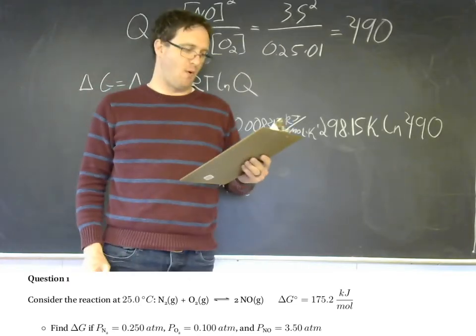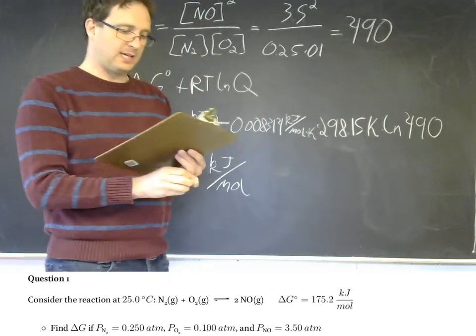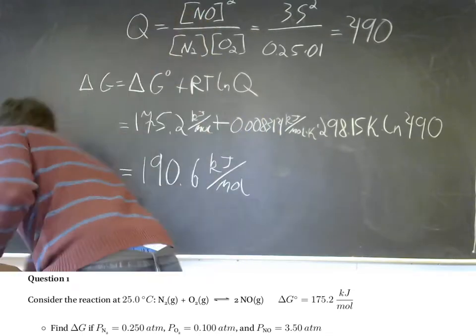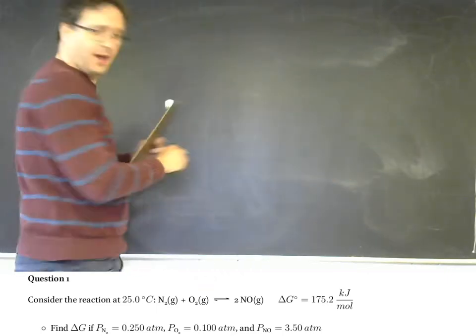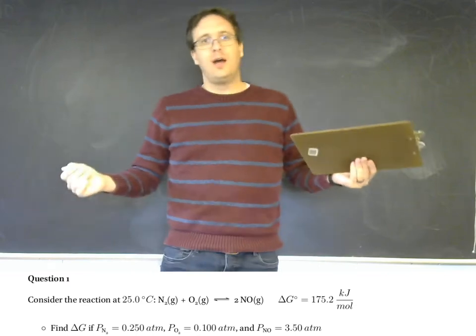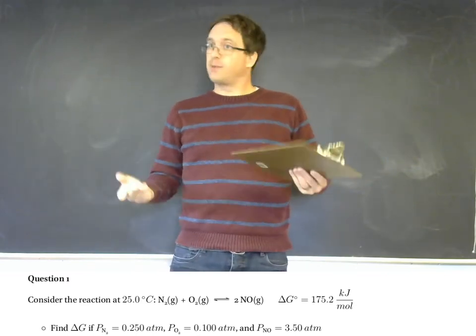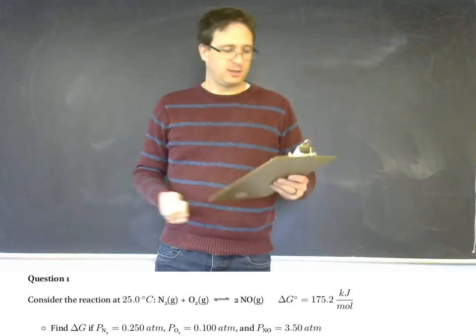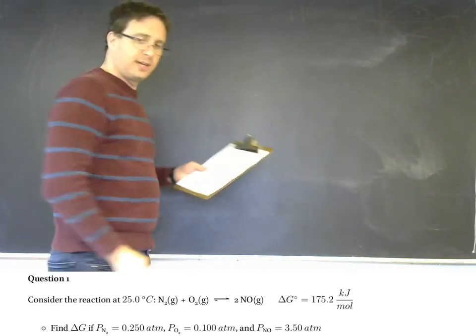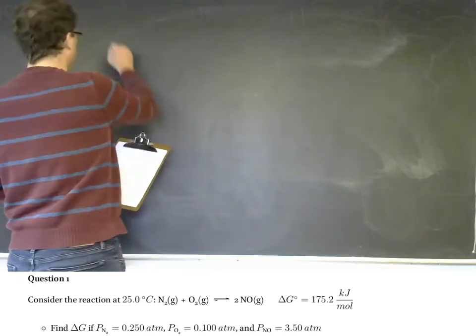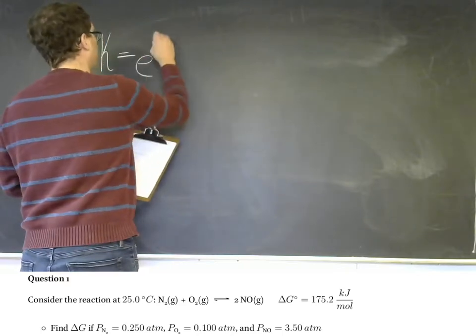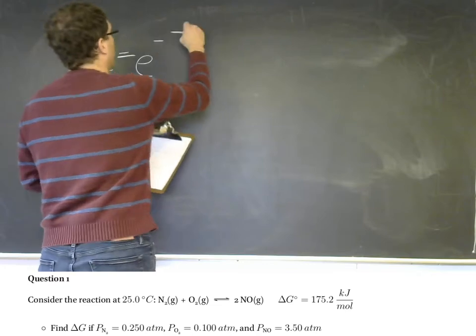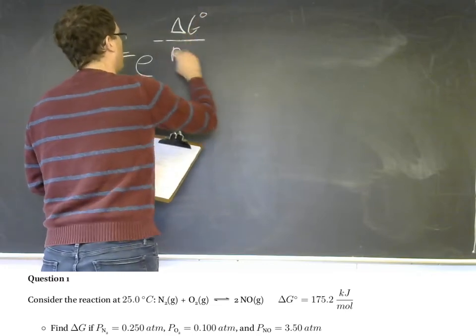kilojoules per mole. If we wanted to find the equilibrium constant for this reaction, then we'll use that equation delta G equals delta G naught plus RT ln of Q. Well, under equilibrium conditions, delta G would be equal to 0, Q would be equal to K, and we can really summarize this as K is equal to E raised to the power of the negative delta G naught over RT.